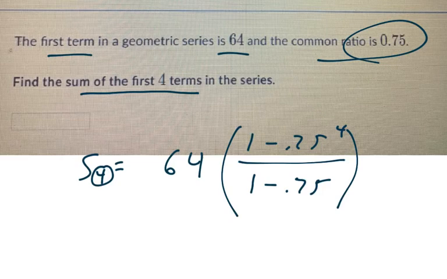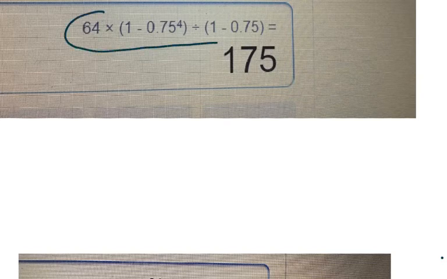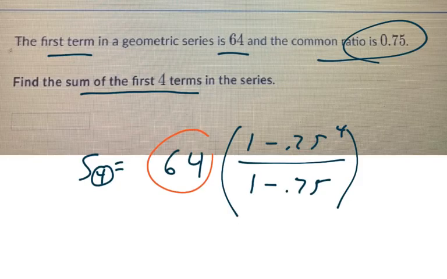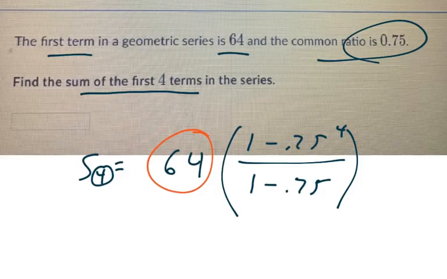So guys, watch carefully as I do this on the calculator. I basically typed in the whole thing, guys. See that? And you can do that if you use parentheses correctly. Check this out. I started by taking 64, of course, timesing it, because after all, there's really a times right there.